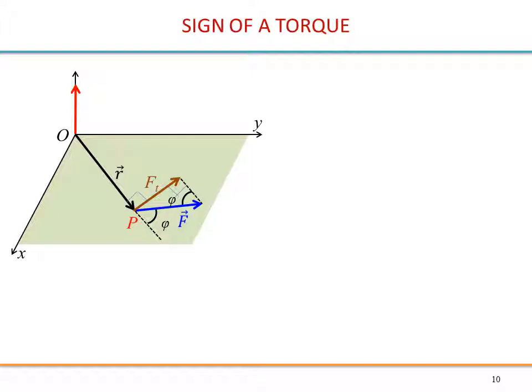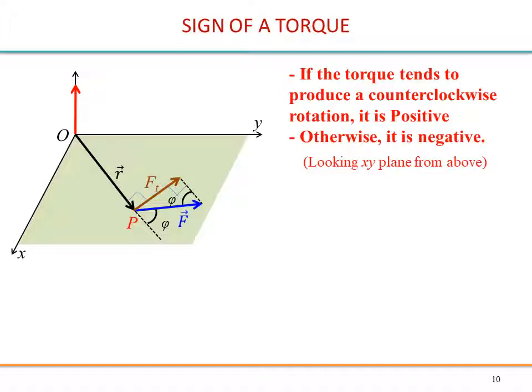Okay, let's go back. Let's discuss a bit more the sign of a torque. So again, if you don't calculate the cross product, you will have to find out the sign of the torque in order to solve the equations. So basically, if the torque tends to produce a counterclockwise rotation, it is positive. So this is looking at the xy plane from above.